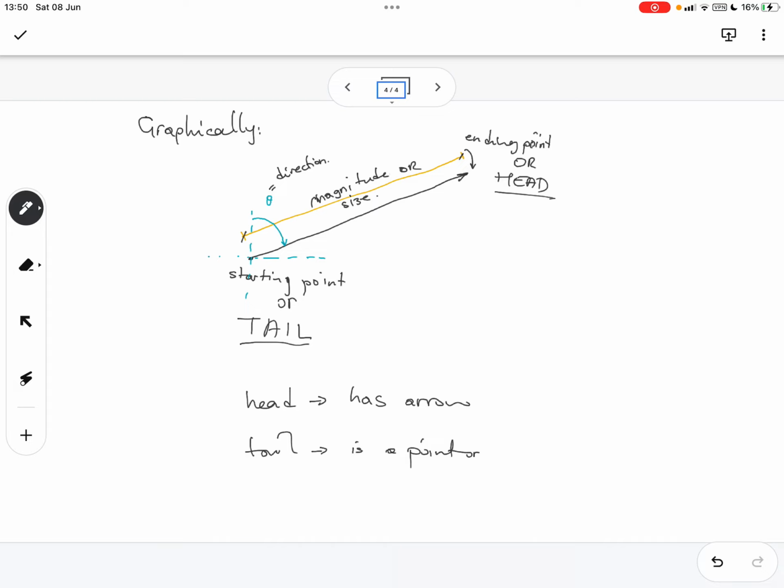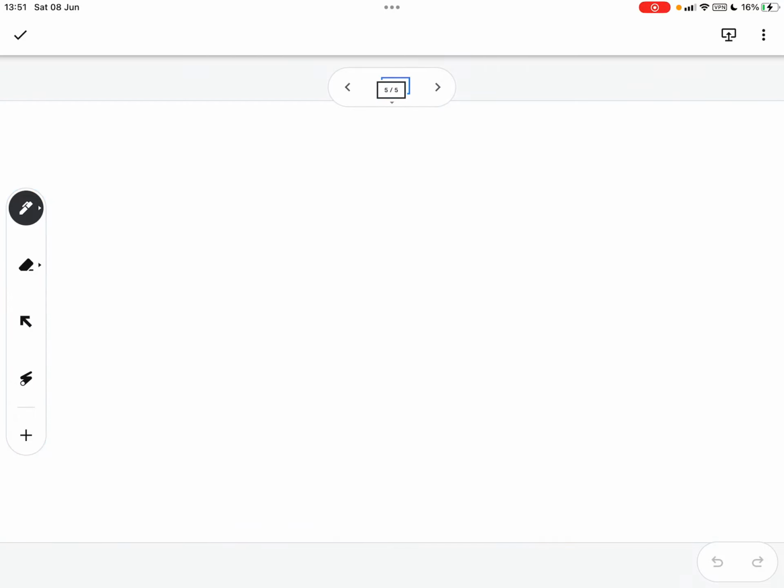So the head has an arrow and the tail is a point, or just where a line ends without an arrow.